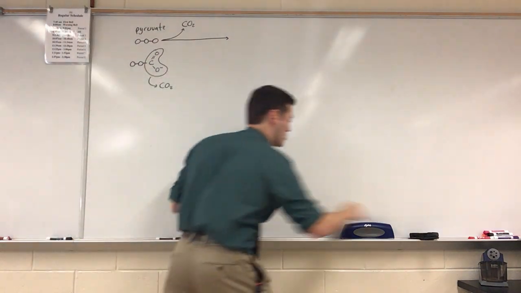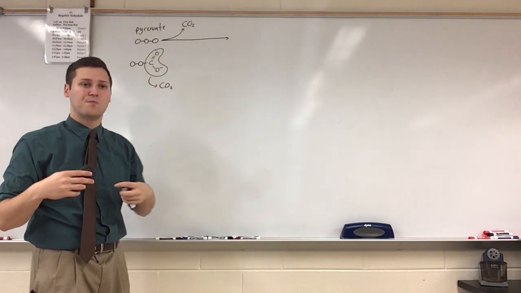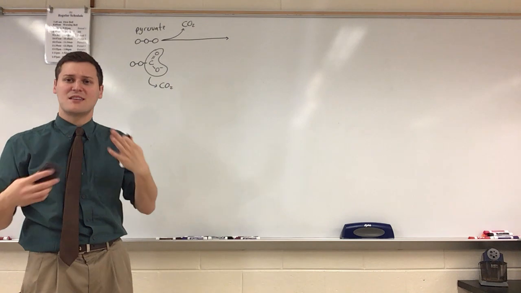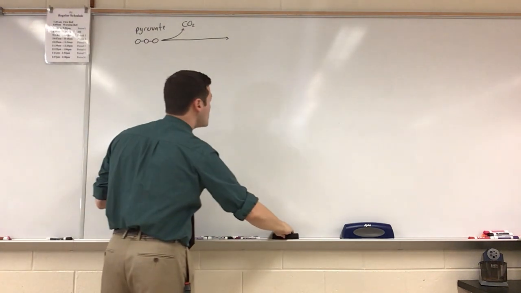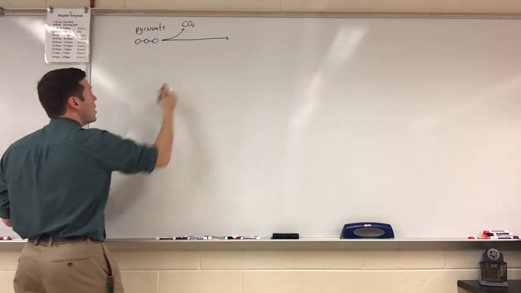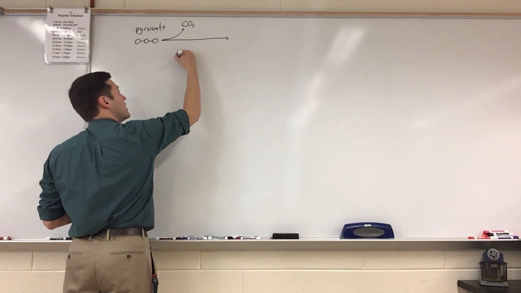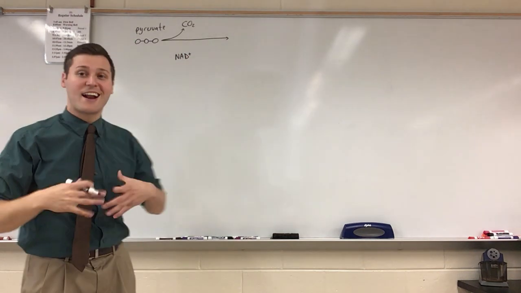Now I'm going to erase this so it doesn't get in the way, but I just wanted to go into that detail so you guys can understand it a little bit better. But we lose a carbon as carbon dioxide. We also get NAD+ oxidized.